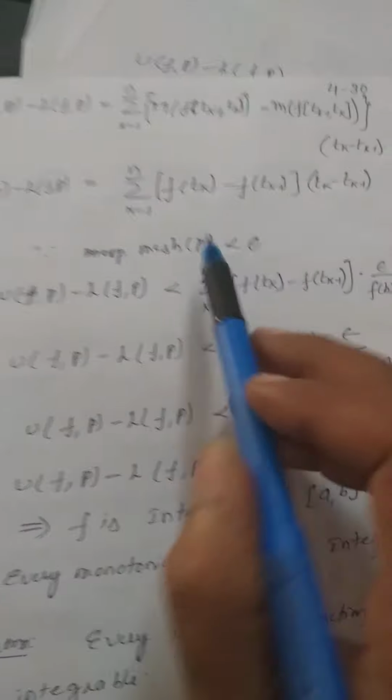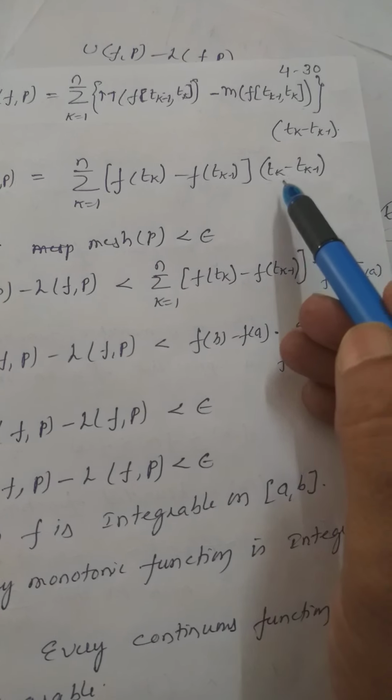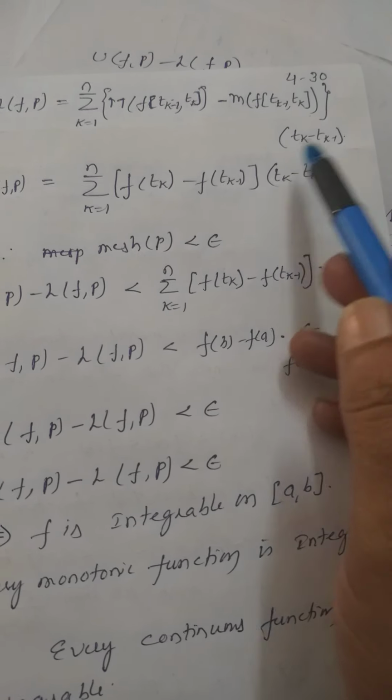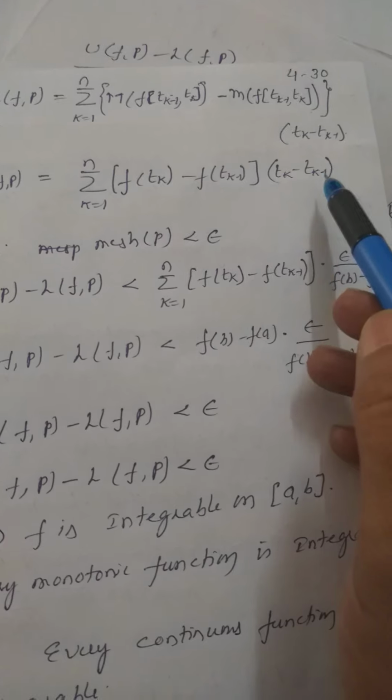Now you see, this t_k minus t_(k-1) is the length of the kth subinterval.